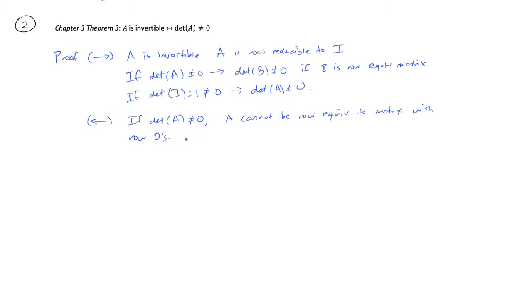And because there's no row of zeros, there must be a pivot in every row. And if there's a pivot in every row, then A is row equivalent to the identity matrix. And by the invertible matrix theorem, it's thus invertible.